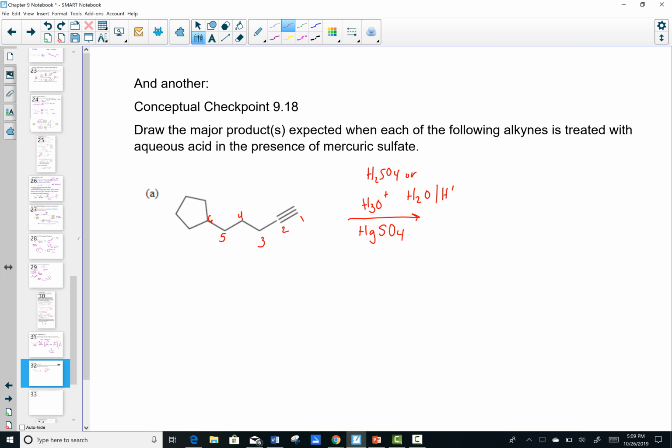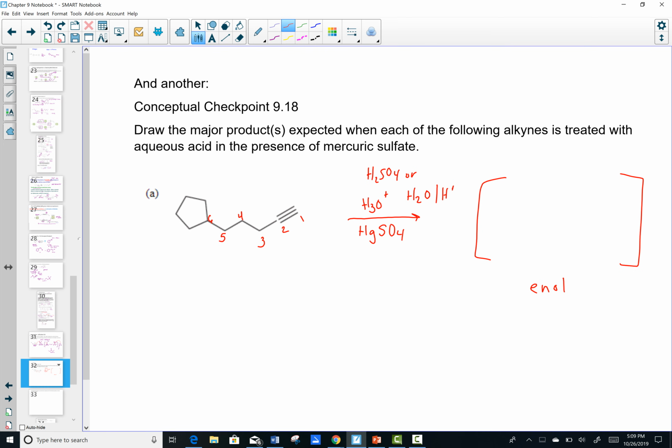So thinking about what happens in the first mechanism is that we create the ene-ol product. But I'm going to put it in brackets because it's very difficult, if not impossible, to isolate the ene-ol before it converts to the ketone at the end.